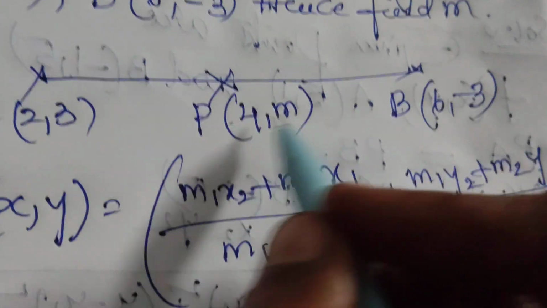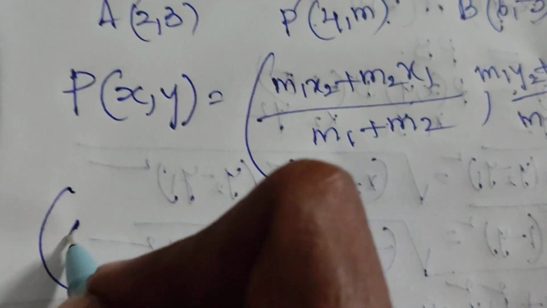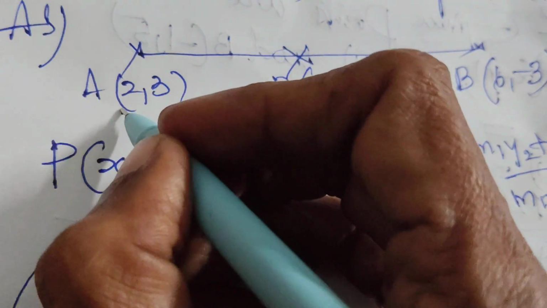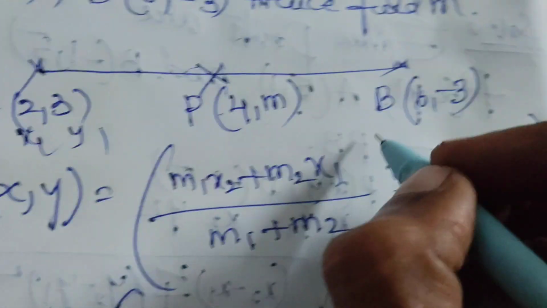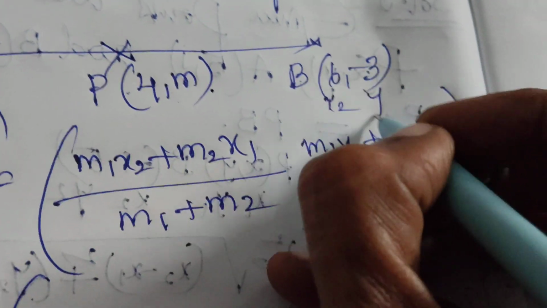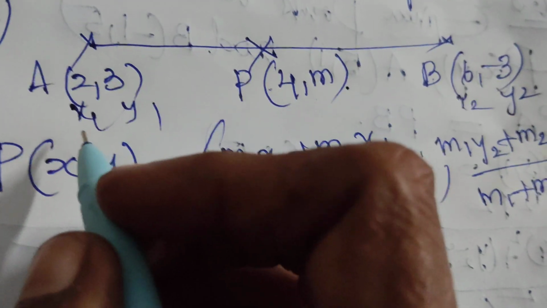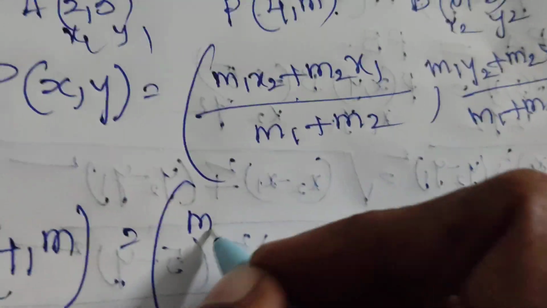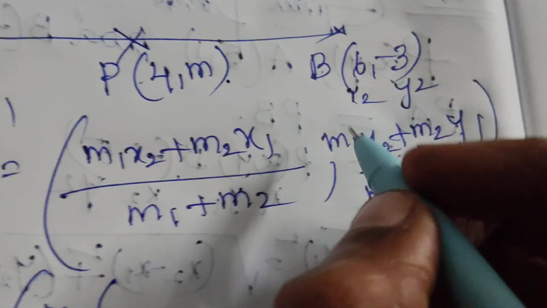Given that P(x, y) is the point (4, m), here we have x1, y1 and x2, y2.